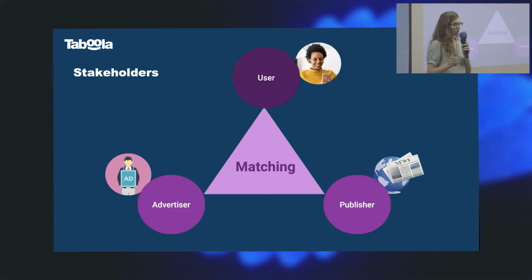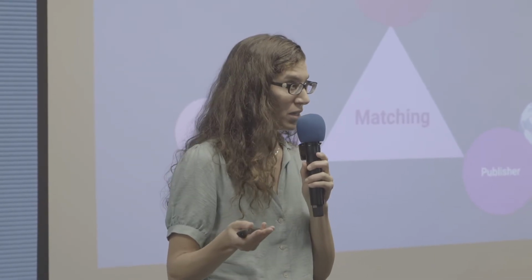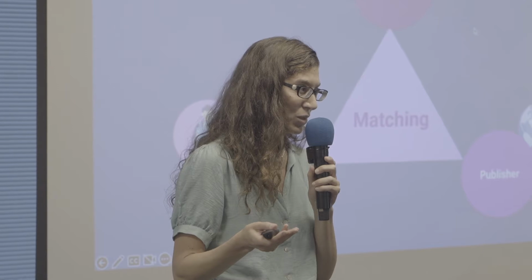So the publisher is the one where the user is reading the article, and we put our recommendation into it, like Ynet and Bloomberg. What the publisher wants is to have as much revenue as possible. When you read Ynet, for example, you don't want to pay money to read Ynet.